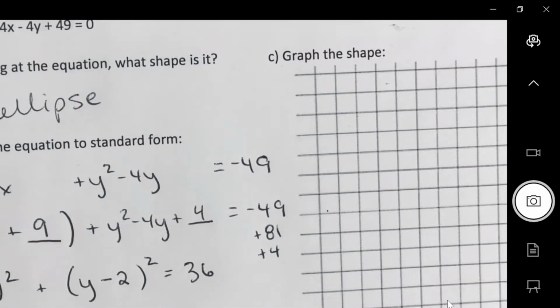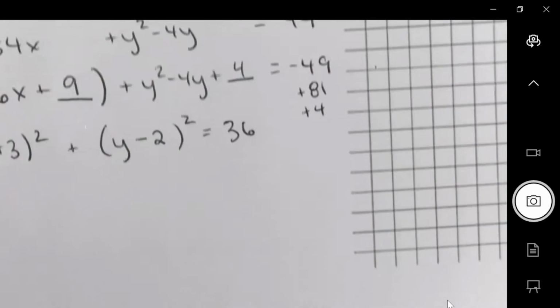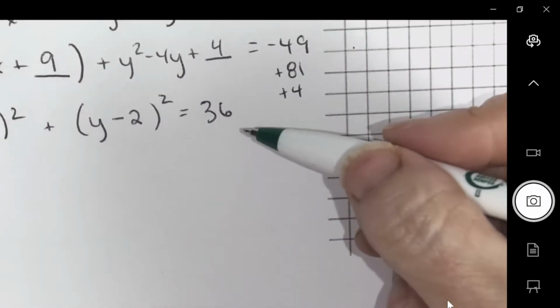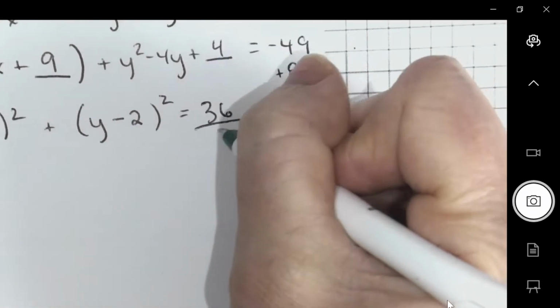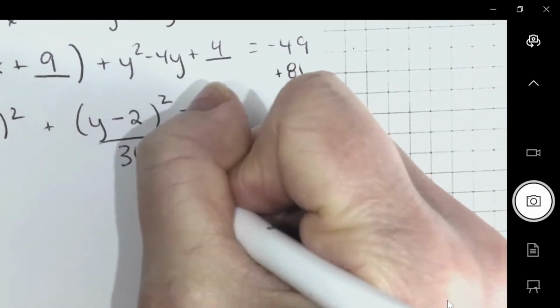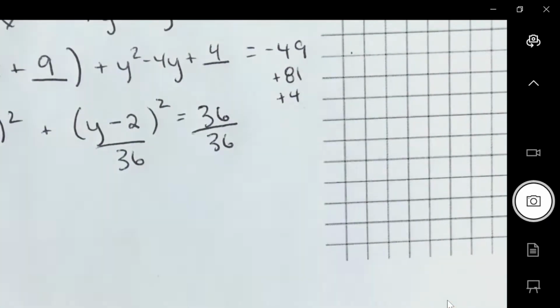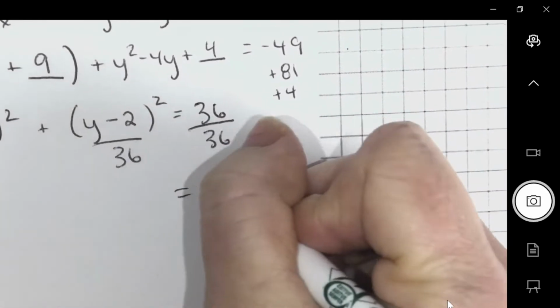Okay, so the form is not how I want it. On ellipse, we usually want equals 1 at the end. So I'm going to divide everything by 36 to get it equals 1.